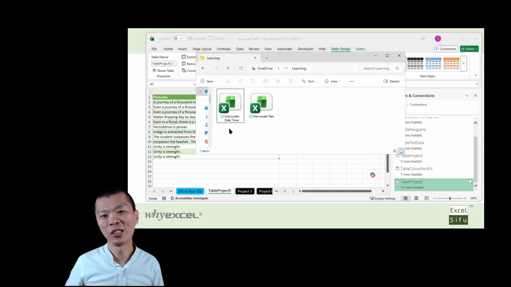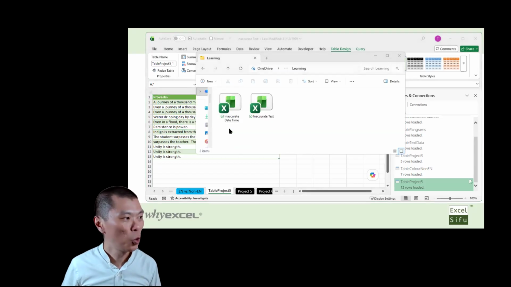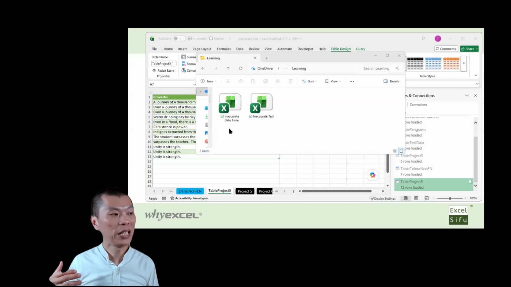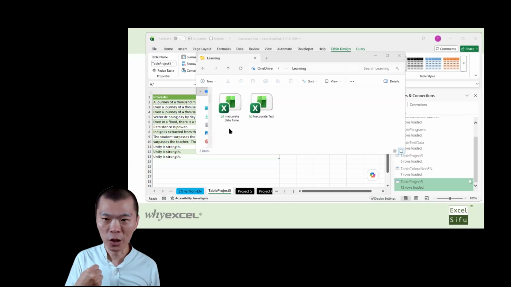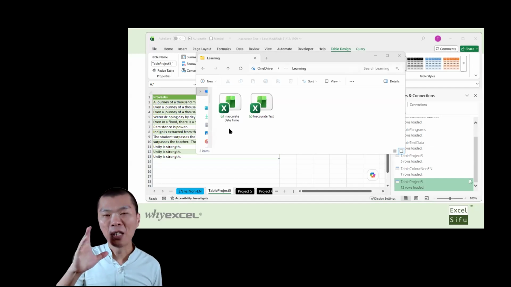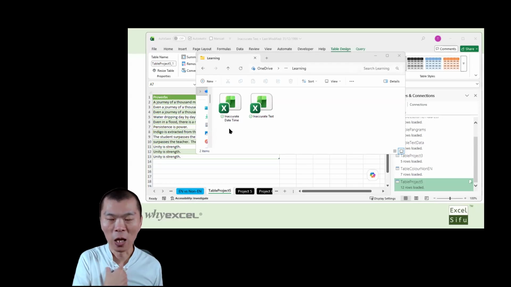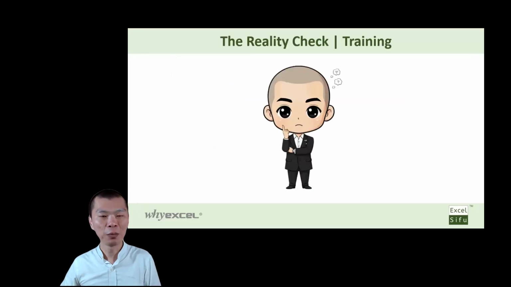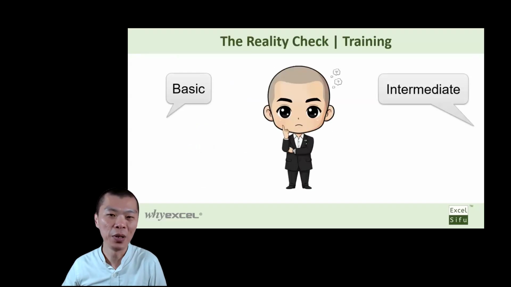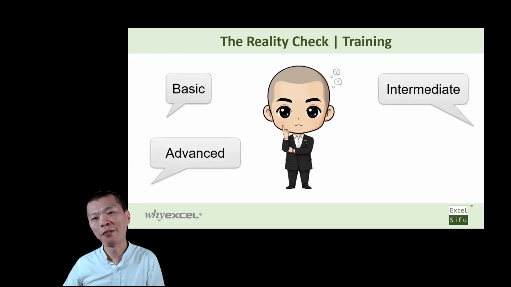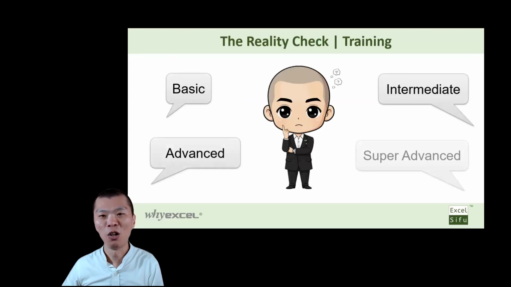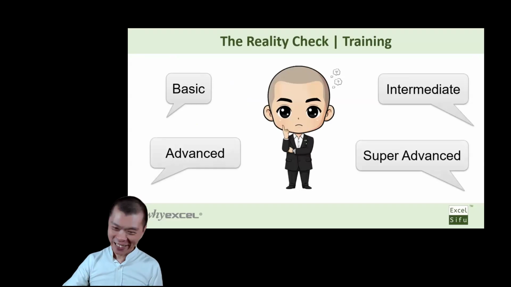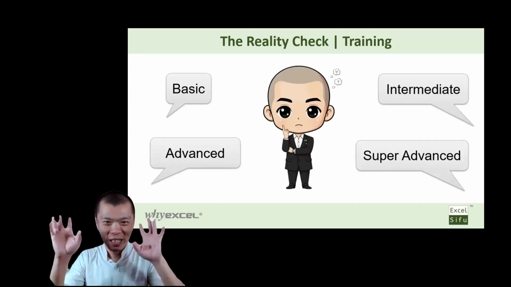So I want to share something differently. The intention is for us to be aware that after each training, what the bosses or the management want to see is a result. Sometimes after advanced, they have the wording called super advanced. It's very interesting wording for a training title.